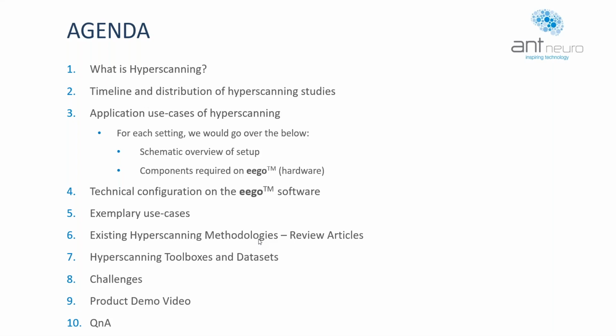I will touch upon the technical configuration that you would need to enable on the software side. I think it would be nice to also share with you some use cases where the eego system was deployed out in the field. Finally, I have a review of existing hyperscanning methodologies, and I will leave you with freely available toolboxes and data sets for hyperscanning that are out there.